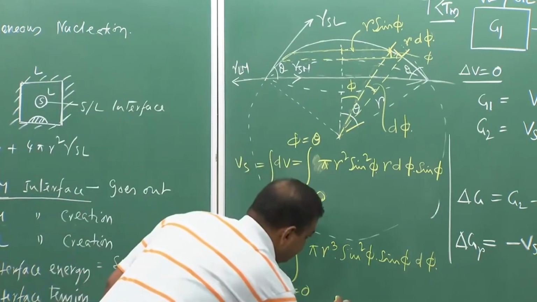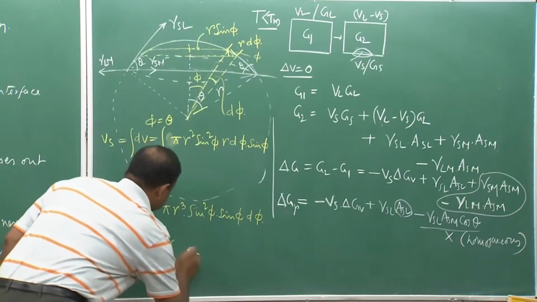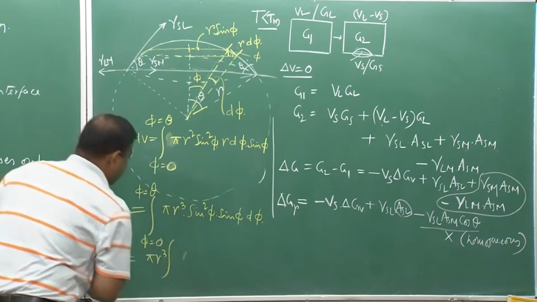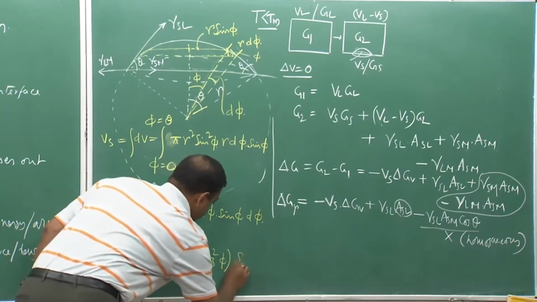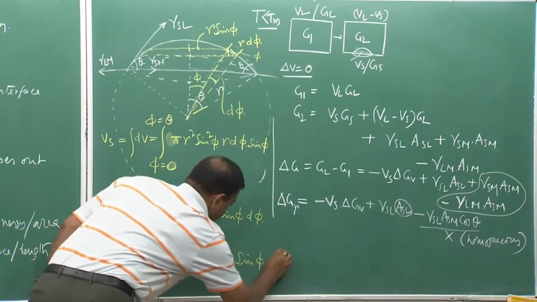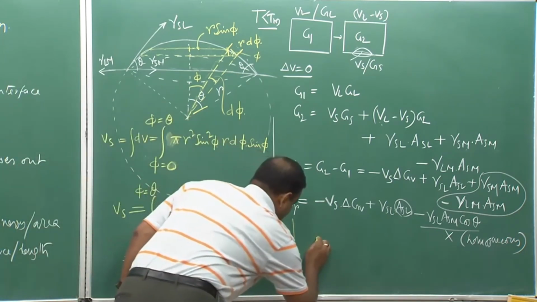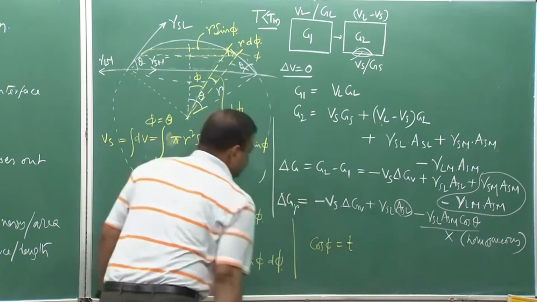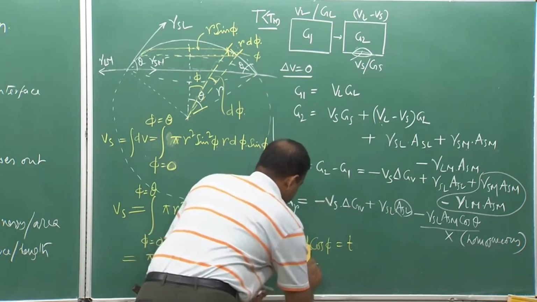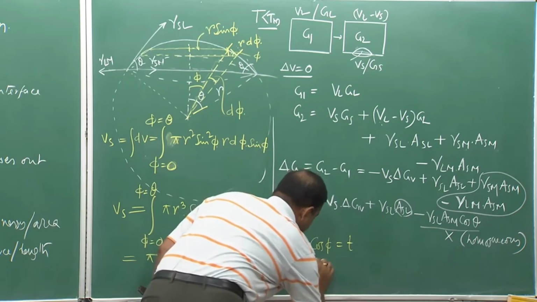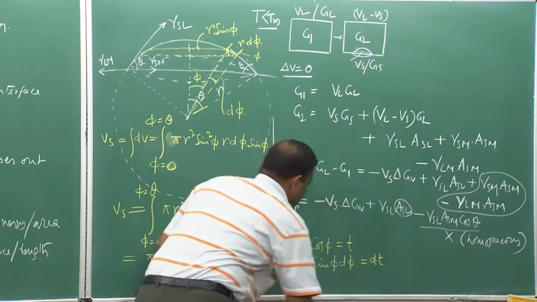Now I can make an adjustment, which is pi r cube d phi, and then if I assume that cos phi equal to t, then I can write sin phi d phi equal to dt.